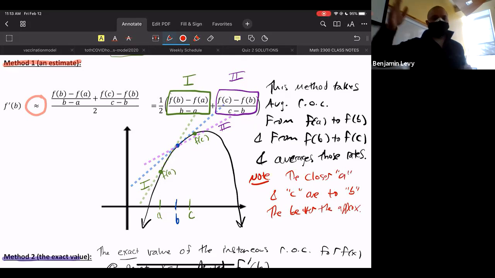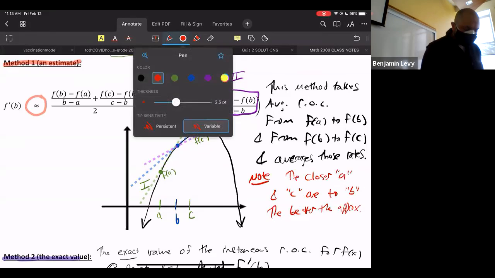You want an equal interval around B. But otherwise, it's pretty arbitrary. In the homework, it gives you tables to pick numbers out of. But on a test, or in practice in general, you just have to choose numbers close to B. That's sort of the idea.